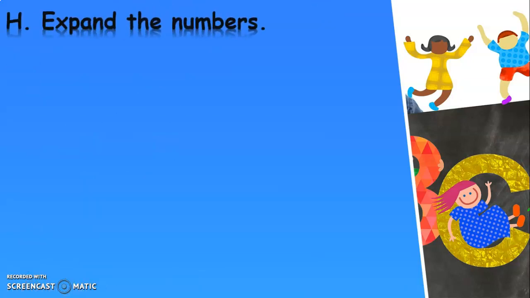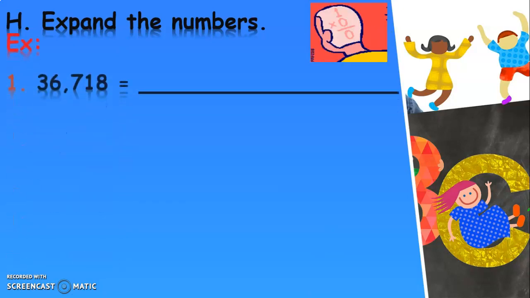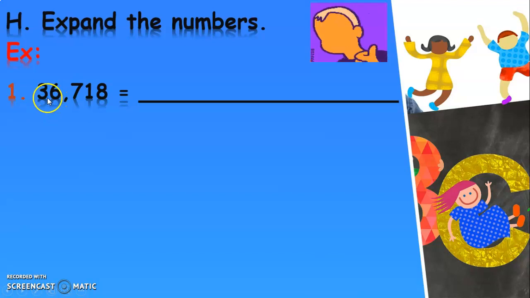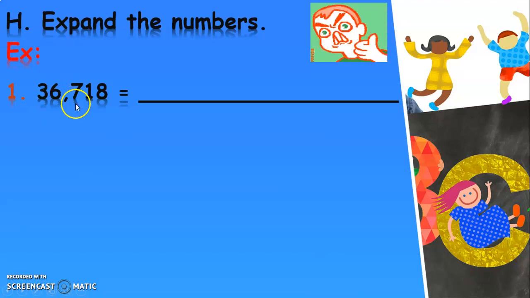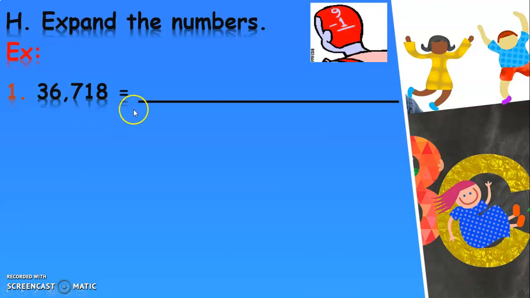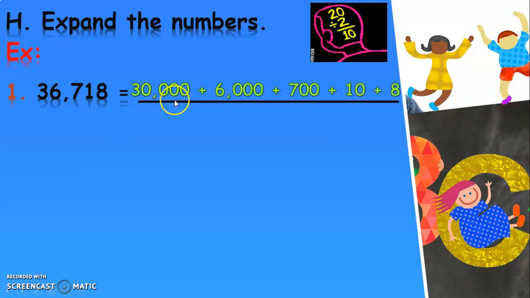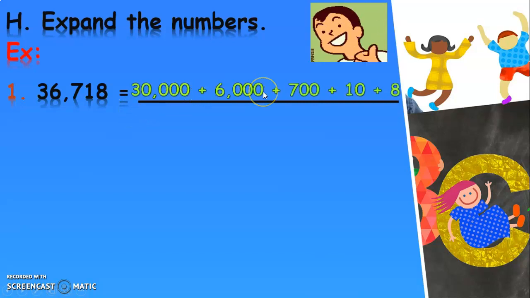So again, for letter H, expand the numbers. For number 1, that's 36,718 equals 30,000 plus 6,000 plus 700 plus 10 plus 8.